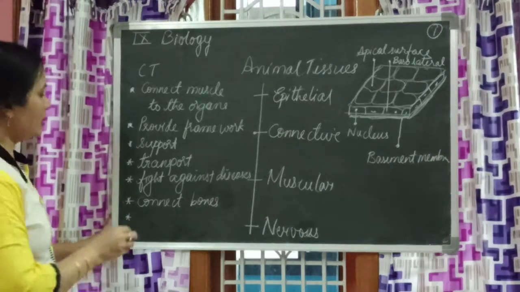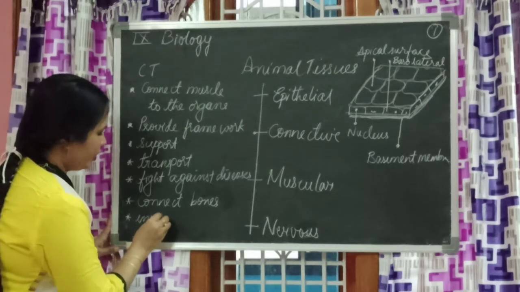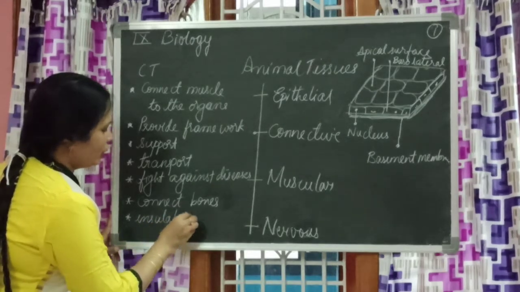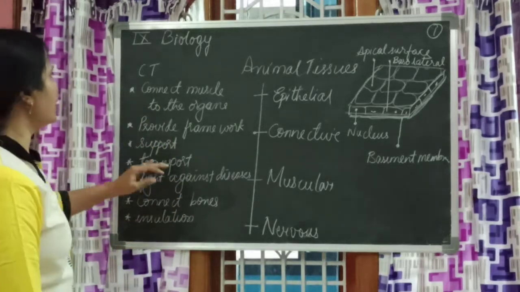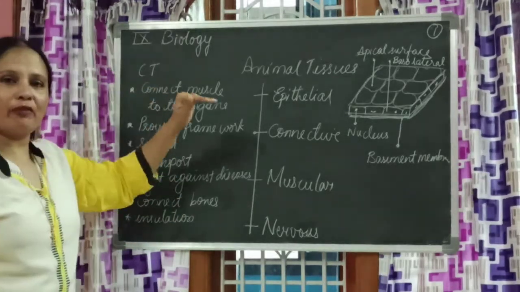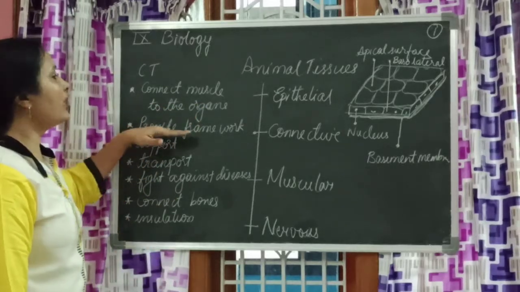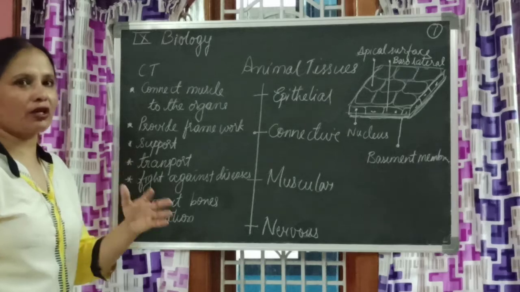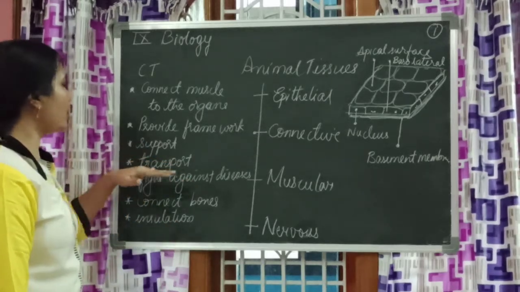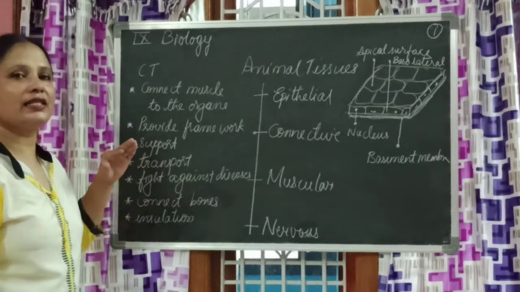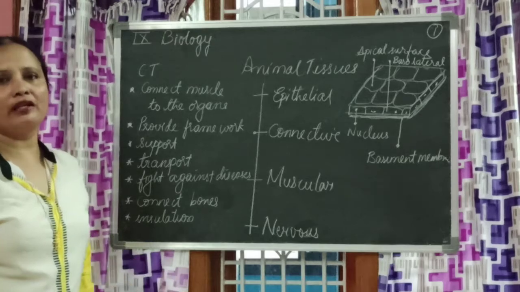And another thing is they help in a kind of insulation. So these are the uses of connective tissue. Once again, let us see what they are. They connect the muscle to the body organs, and they give a kind of framework and structure to the body. They give a kind of support. They help in transport. They fight against the diseases and connect the bones, and they help in insulation.